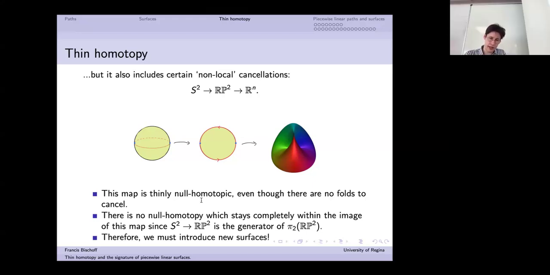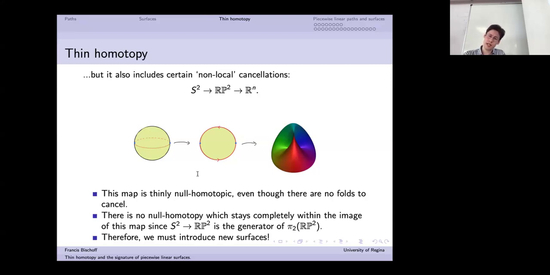Okay. So the point is that because there's no null homotopy which stays completely within the image, in order to realize the thin null homotopy, we have to introduce new surfaces. And so that's the key feature of thin homotopy of surfaces, that you have to introduce new surfaces, and it can be complicated how to realize this. What do you mean you have to introduce new surfaces as domains, you mean?